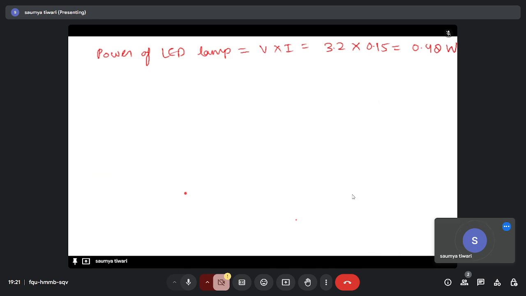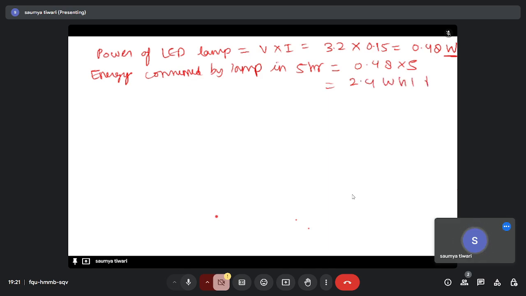Now this has to be operated for 5 hours every night. So if you want to calculate the energy consumed by the lamp in 5 hours, it will be this value multiplied by 5. We'll get the value 2.4 watt hour per day, right?